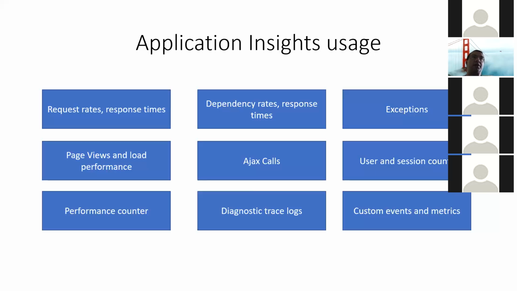You can track AJAX calls from web pages, and again you get rates, response times, and failure rates on those. User and session counts, as well as performance counters from your Windows or Linux server machines, host diagnostics like Docker on Azure, trace logs, and obviously custom events and metrics.